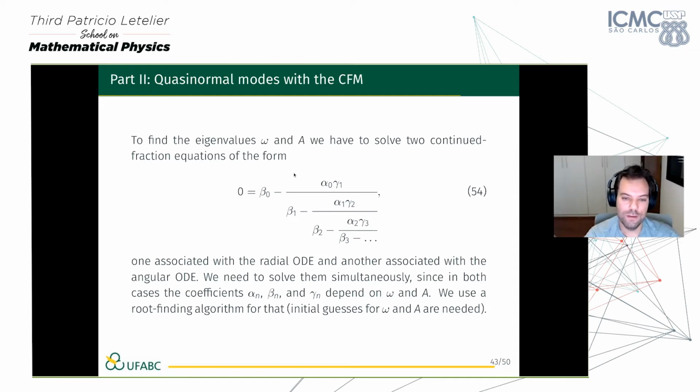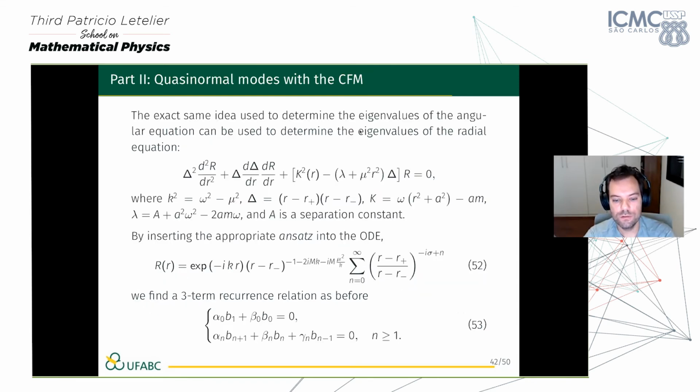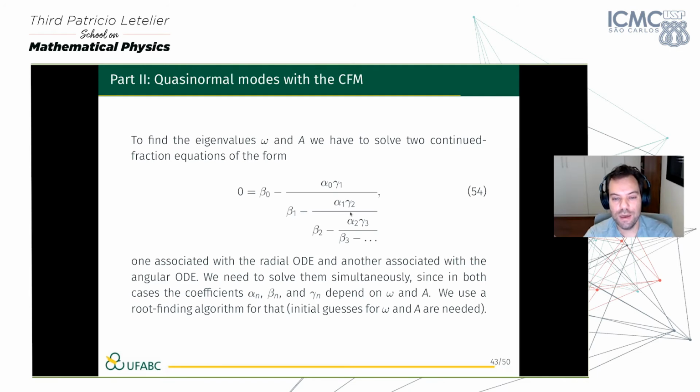So we have the equation for the radial part, the equation for the angular part, and we have in the end 2 eigenvalues, and they show up in both equations. So these coefficients alpha, beta, and gamma depend on both the eigenfrequency omega and the eigenvalue A. And the same is true for the equation for the angular part.